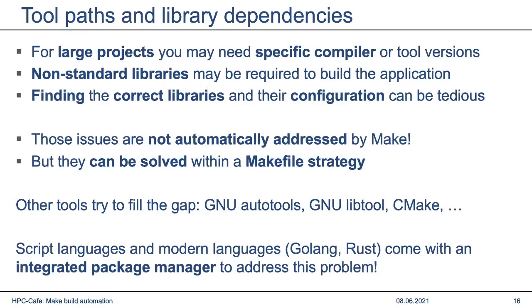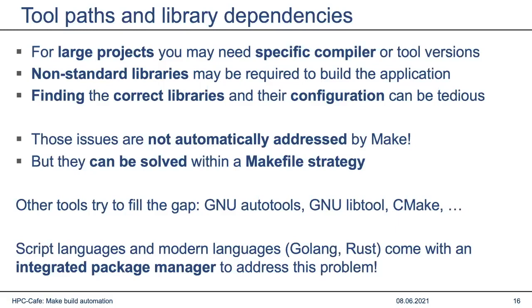And there are other tools that try to fill the gap for solving this problem. The oldest one are the GNU Autotools. Then there is GNU libtool, and there is CMake, nowadays probably the most known solution to those problems. Script languages and modern compiled languages like Golang and Rust come with an integrated package manager.